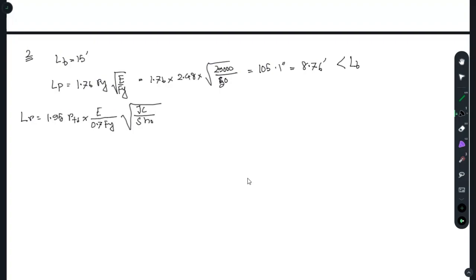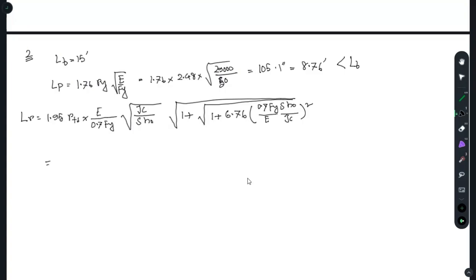Here S is the section modulus, and ho is the distance between centroids, and then you multiply it with 1 plus root over 1 plus 6.76, and then you multiply it with 0.7 Fy S ho over E and over Jc squared.